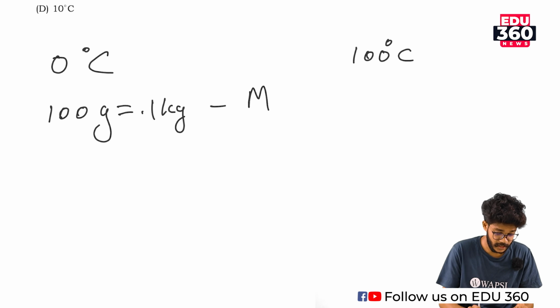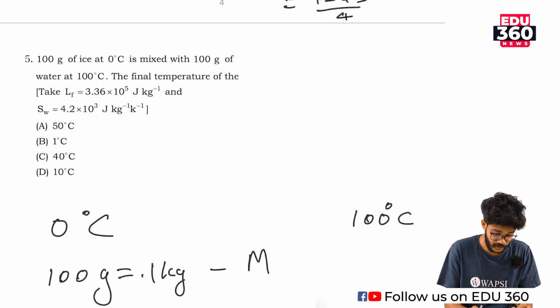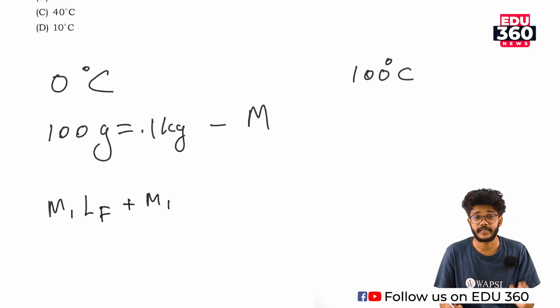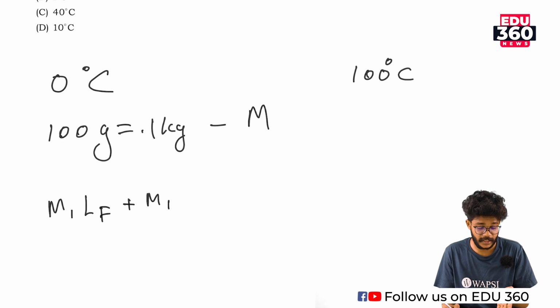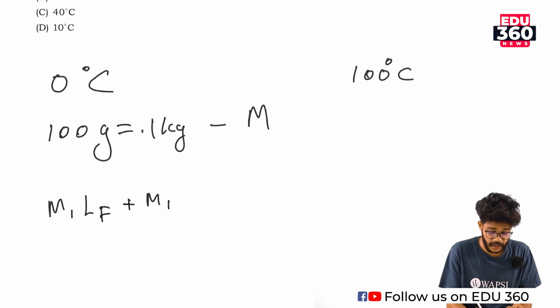So M1 into LF, the latent heat of fusion is given, plus M1 into the specific heat of water into the change in temperature. As I already said, first the energy is taken to change the phase, and second the energy is taken to change the temperature.